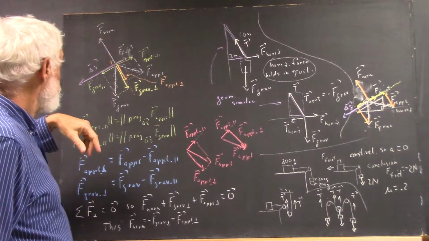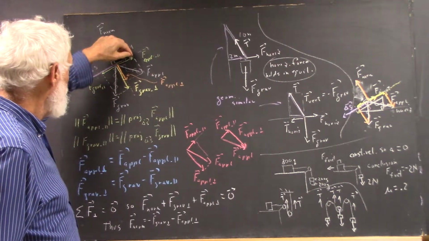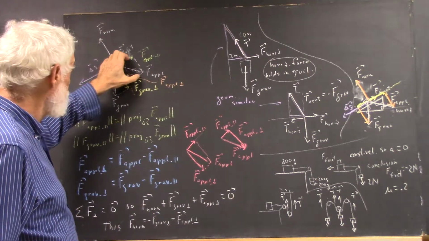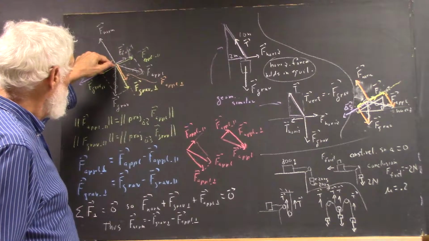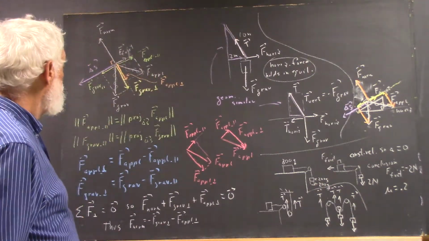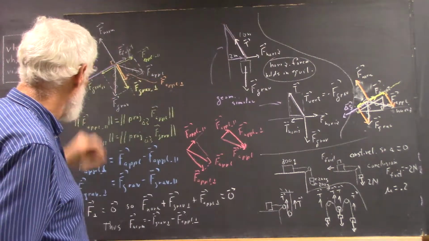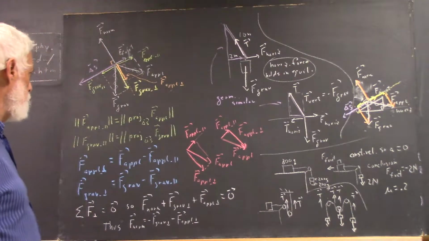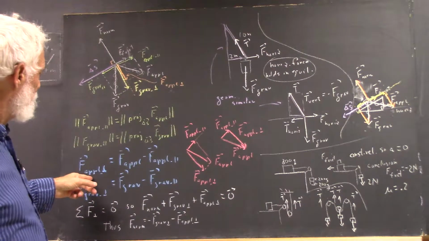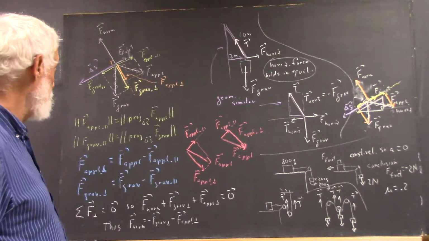Well, if we move this vector over here so its tail is at the head of this one, we see that this vector and this vector add up to the applied force. So the perpendicular component of the applied force, this vector, is just your F applied minus the parallel component of your F applied.